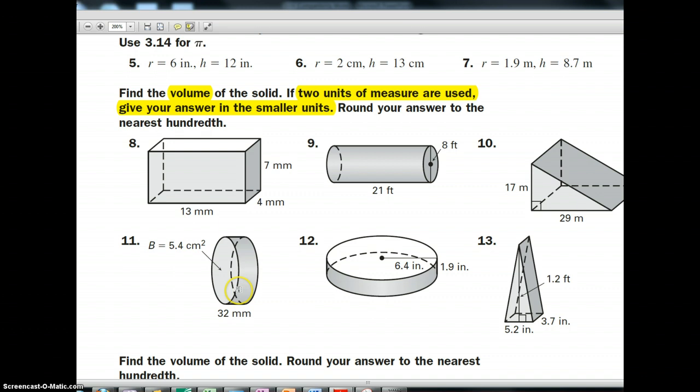In 11, it's centimeters and millimeters. That means I have to change centimeters into millimeters before I can solve anything. And I have to change feet into inches before I solve 13.